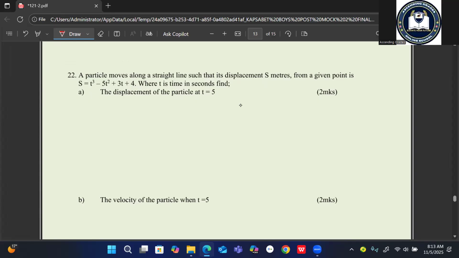So we just replace it. We have been told that s is equal to t cubed minus 5t squared plus 3t plus 4. Where there is t, we replace it with 5. We substitute the value of t with 5.